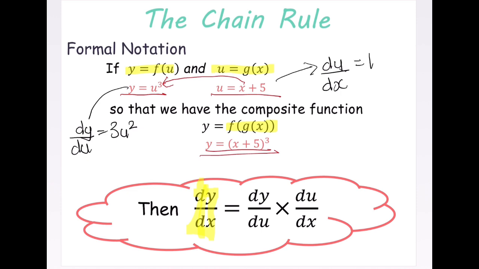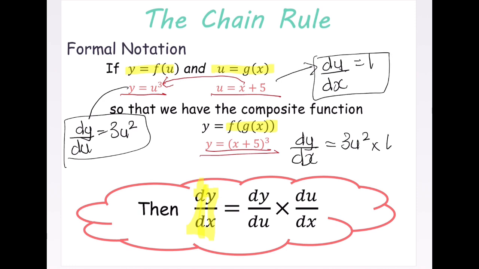If I wanted to put it all together, I'm going to get dy by dx equals dy by du, which was 3u squared, multiplied by du by dx, which was 1. But we don't want to leave it all in terms of u's. I want to put it back in terms of x's. So we know u was actually x plus 5. So I've got 3 lots of (x plus 5) all squared times 1, but I don't need to write that down.